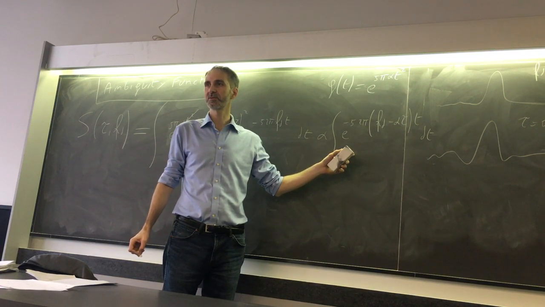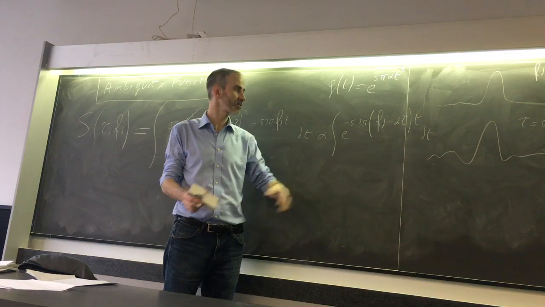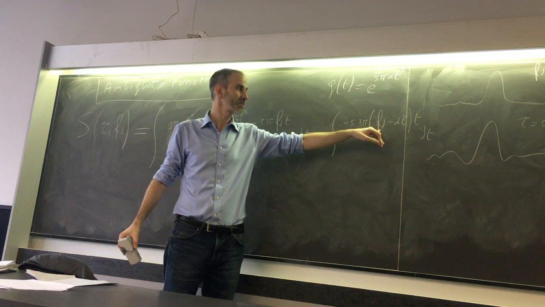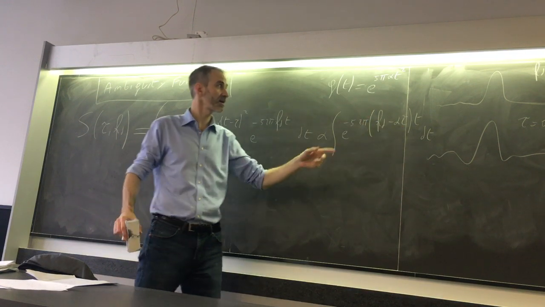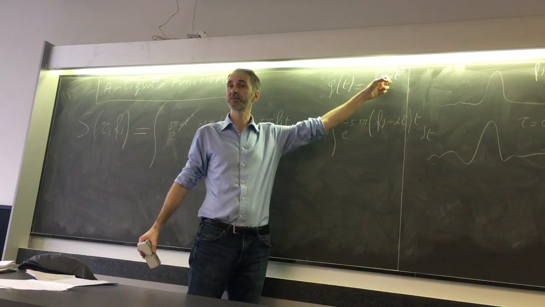And this, you see, is a function of the difference between fd and alpha times tau. Alpha is the chirp rate.